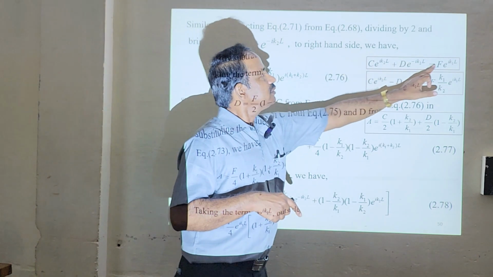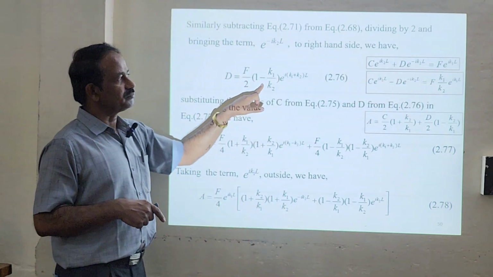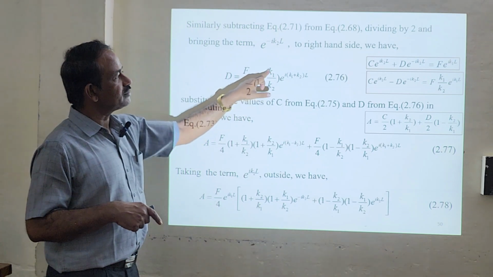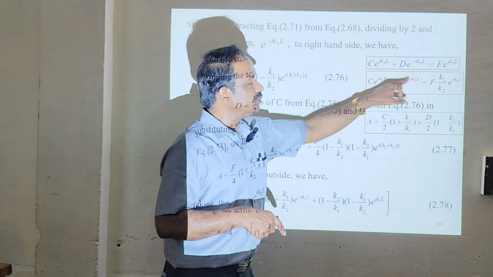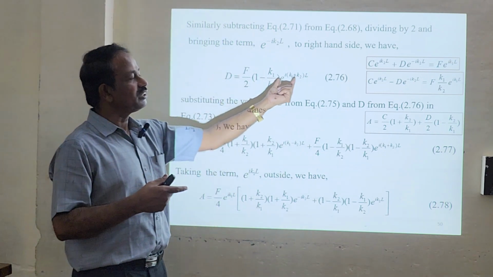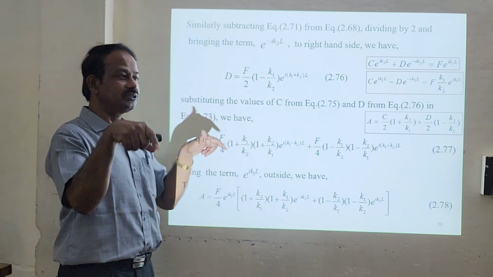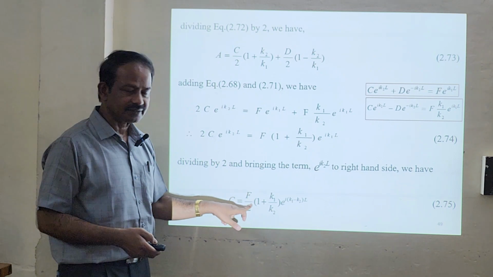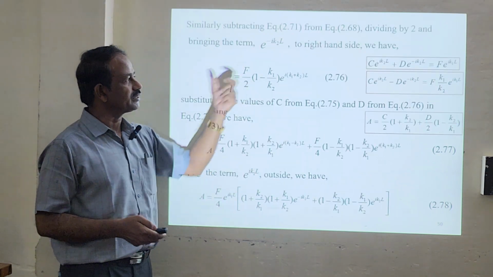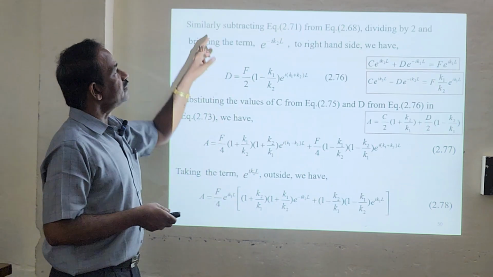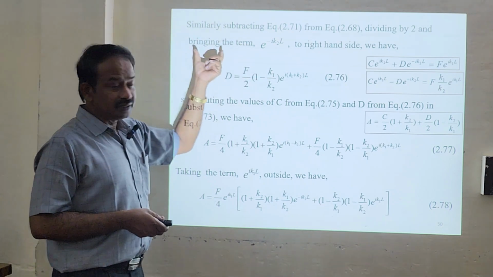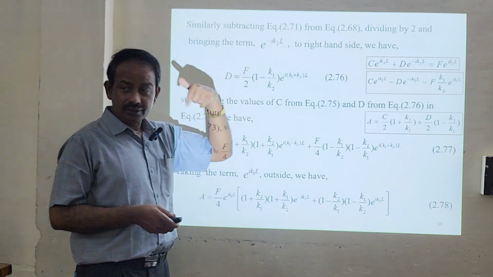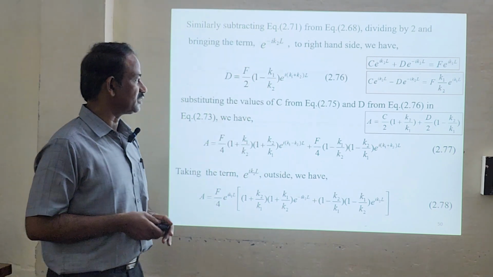Now this term will be the right hand side term: f by 2 (1 minus k1 by k2) e power, and you bring the e power minus i k2L to that side. So that will give you e power i (k1 plus k2) L, as we have done in the last expression. The same method: you subtract, divide by 2, and bring this term e power minus i k2L to the right hand side, and you will get this expression.